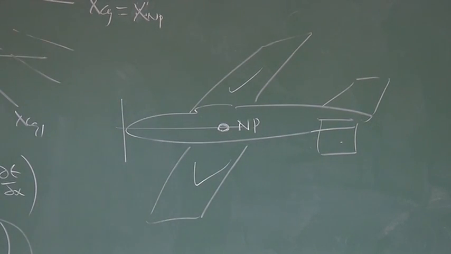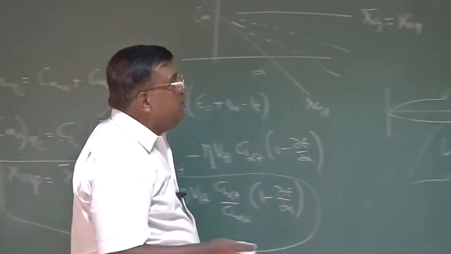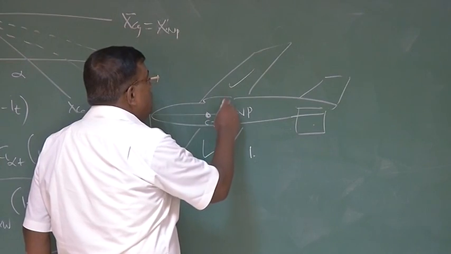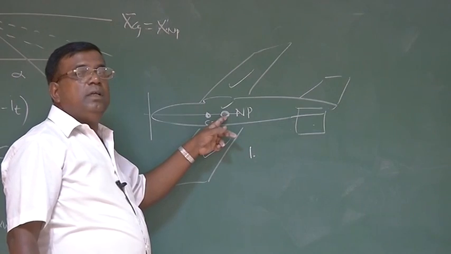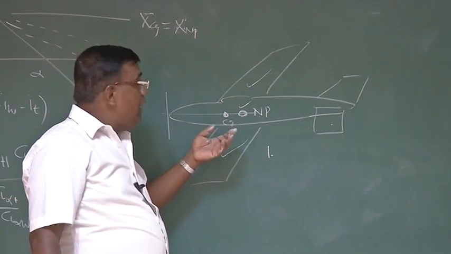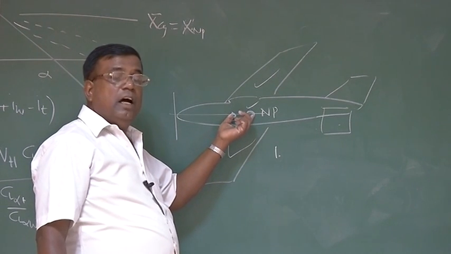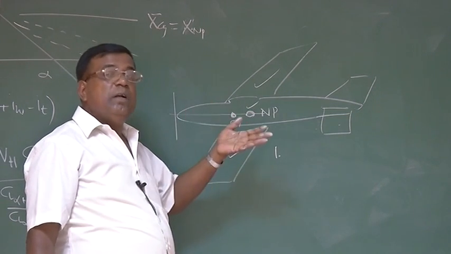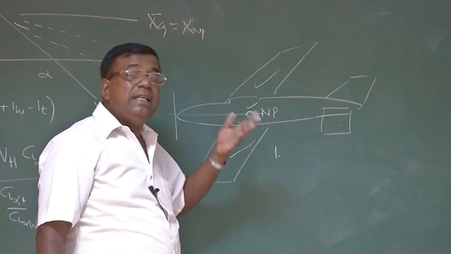What is the message to us? Message is, when you are doing a layout of your mass distribution, please ensure first that the CG of the whole airplane should not cross this. Because if the CG comes here, the aircraft will become neutrally stable. Second question comes, you should know a priori how much should be this separation. How much ahead you should be for your stability and control purpose, because if this separation is too high, it will be very highly statically stable.